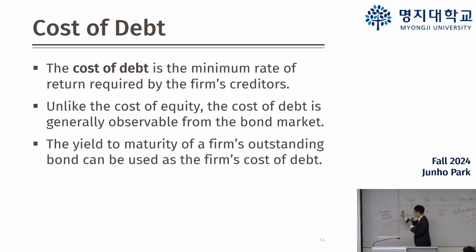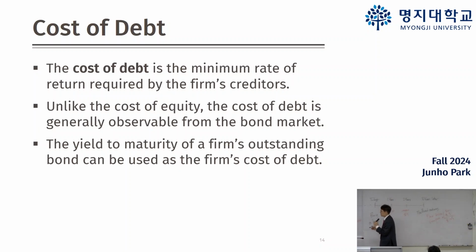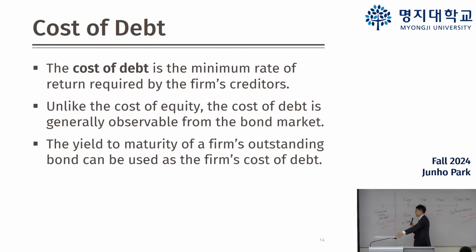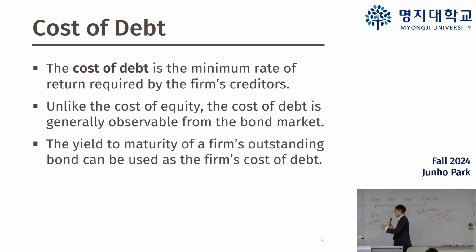So this bond is already existing. And the major difference between borrowing from a bank and issuing a bond is that in the case of bank borrowing, the company always needs to go back to the bank. It does not change the fact that the bank is the lender. But on the other hand, the bond is different. A bond is tradable.